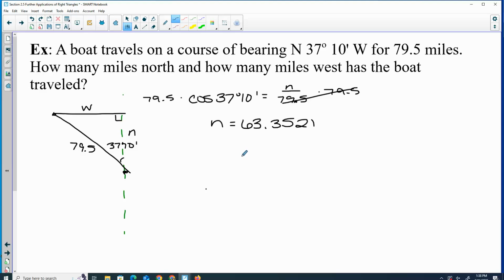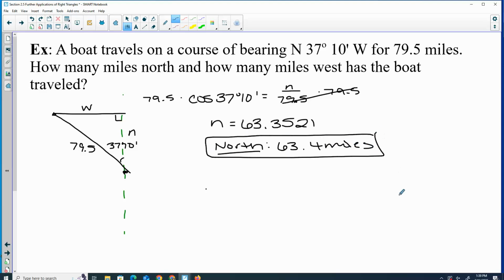How many significant digits did we have? 3, so we would call this 63.4 miles north. And to find our west, we could do a similar thing.